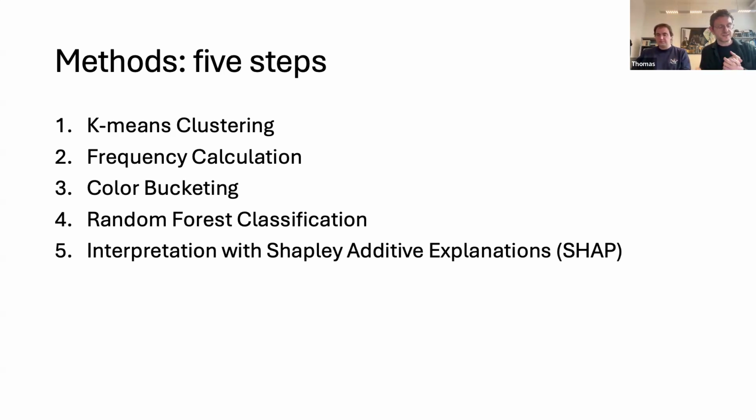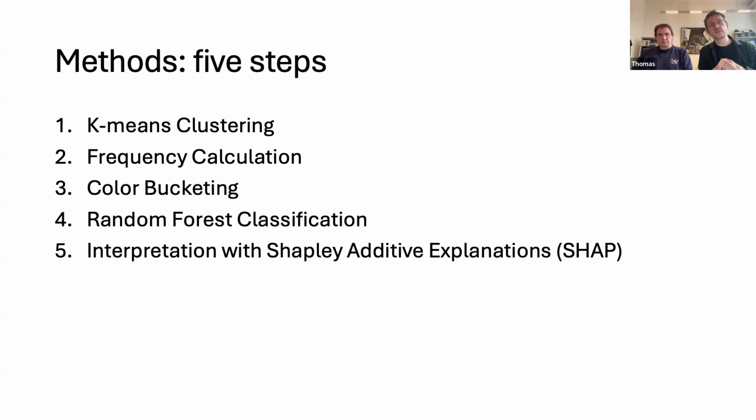And then third, we placed these colors into what we call color buckets across the entire collection. So the dominant colors are calculated image by image. Each image has a couple of dominant colors, and then for the entire collection, we put them in buckets. But I will explain this in a bit more detail in a second. And then we use something called a random forest classification that uses these buckets to answer our questions.